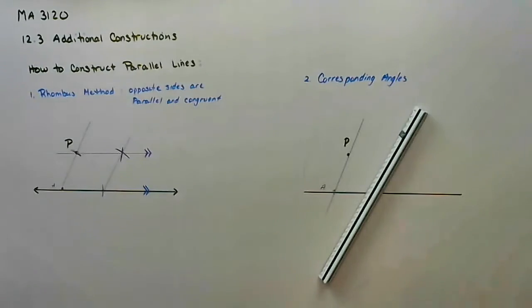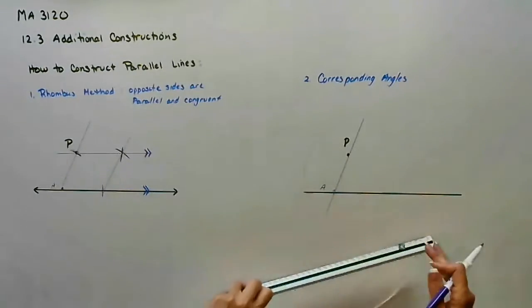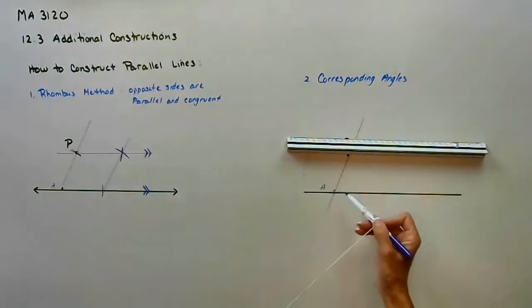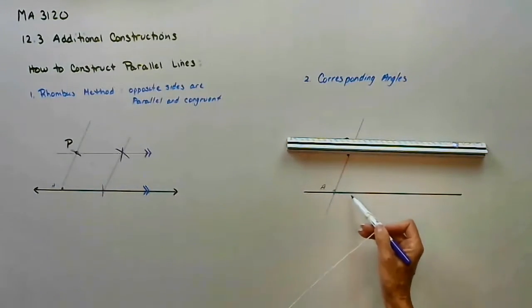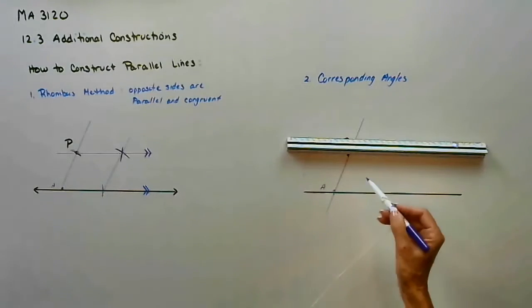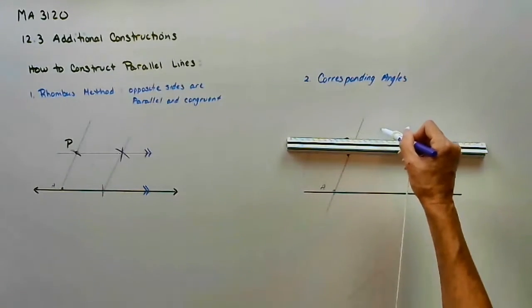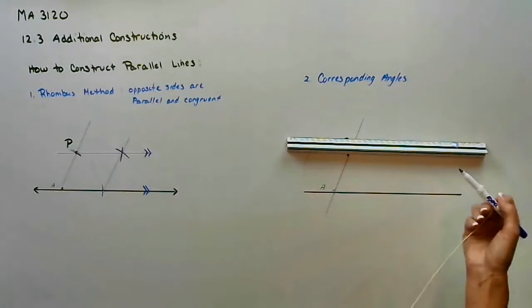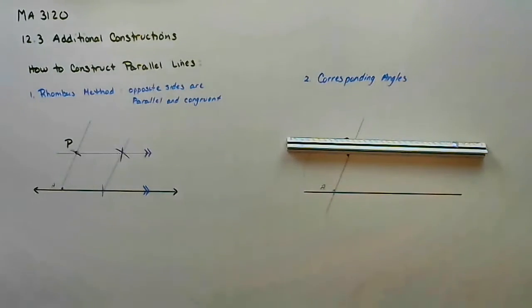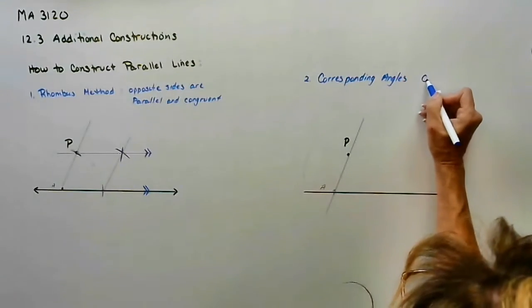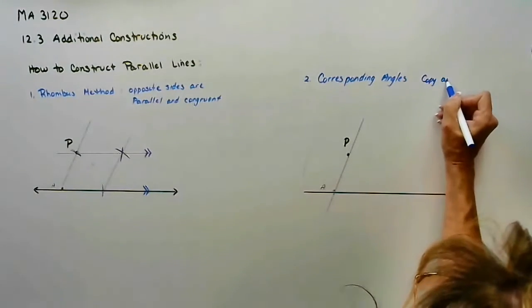And what I want to do is, if I can create a parallel line right here, I know that this angle right here would correspond to the angle right up above it. And if those are congruent, then the lines must be parallel. So I'm going to copy an angle.